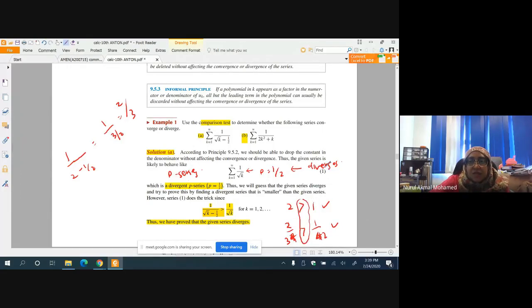And we know that this one diverges. The small series diverges. It means that the big series here will also diverge. But if the small series converges, we cannot say that the big series converges. We cannot say that.